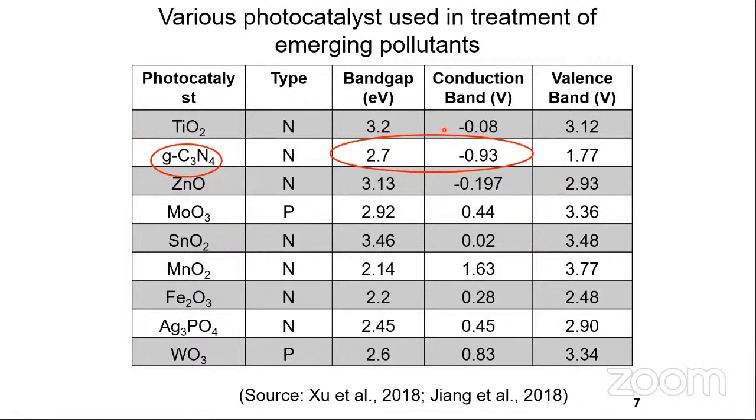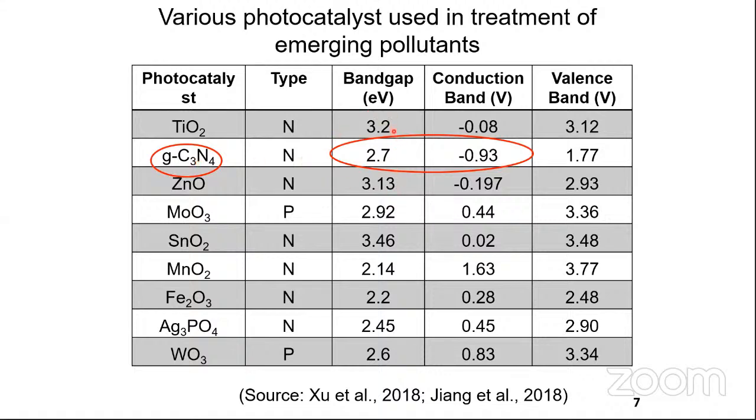In this table you can see TiO2, carbon nitride, and zinc oxide have a high conduction band. But TiO2 and zinc oxide have a high band gap, so they can be activated only in UV light.